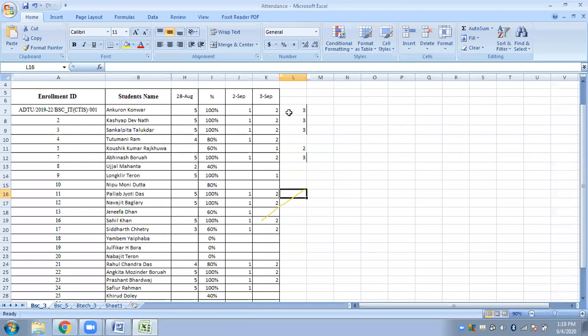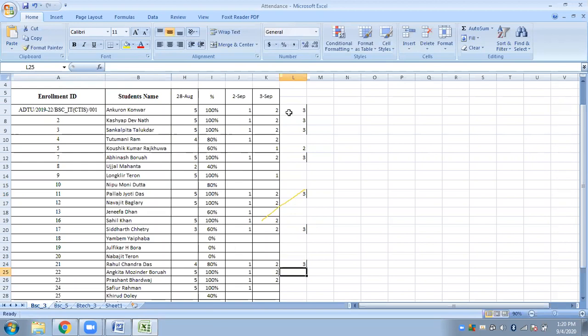Pallab Jyoti Das, yes, ma'am. Baglari, Jennifer, Sahil, Siddharth, present, ma'am. Yambam, Zulfikar, Nabojit. Rahul, yes, ma'am.